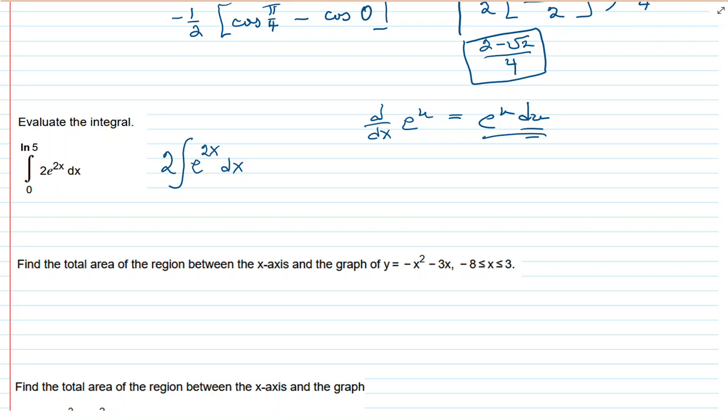So then we end up with e to the 2x from 0 to ln of 5. Because if I ended up with 2e to the 2x, then I did take the derivative, because I would have divided by 2. All right, so then I'm going to insert it.